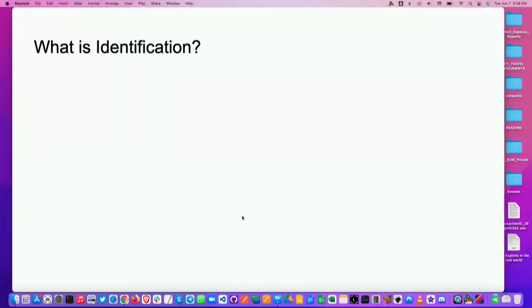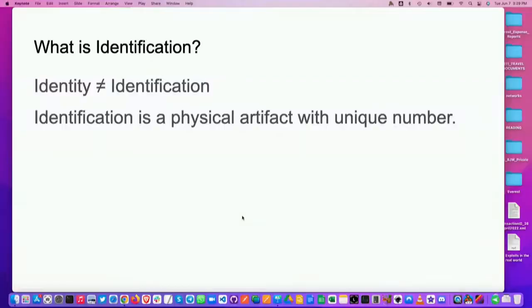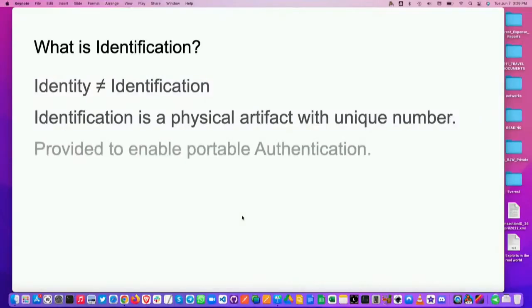Identification is a physical artifact given to you by your government. They provide it to you so that they can authenticate you in the real world at their pleasure. That's why it's given to you. It's provided to enable on-the-point authentication. Who are you?